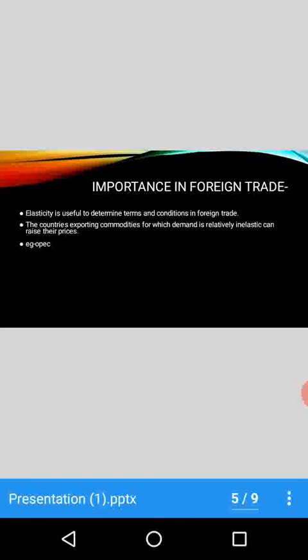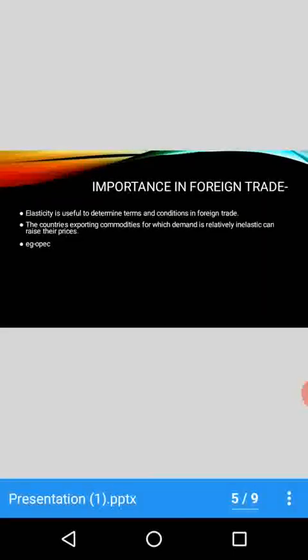The concept is also useful in formulating the export-import policy of a country.